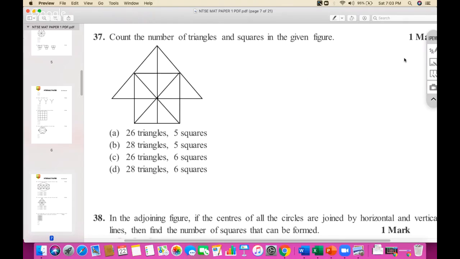This question is about calculating triangles. Once the triangles are calculated properly, the option can be ticked. So look at here how many triangles are possible.